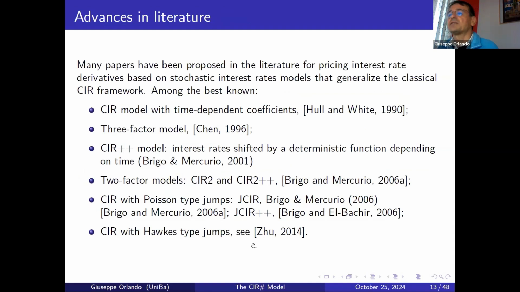So there are different solutions, but none of them is satisfactory. Here I mention some additional ones to the ones that I already said. For example, there is a three-factor model. There is a CIR model with time-dependent coefficients, this CIR++ by Brigo and Mercurio, and so on and so forth.